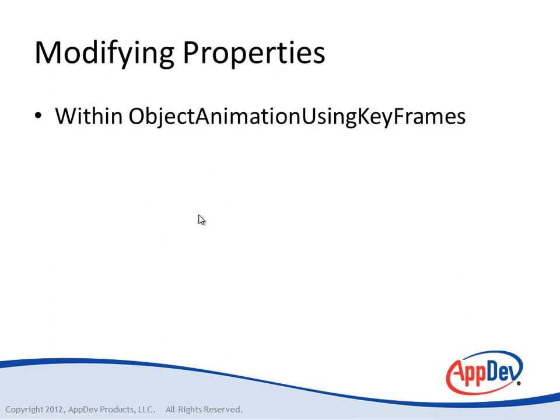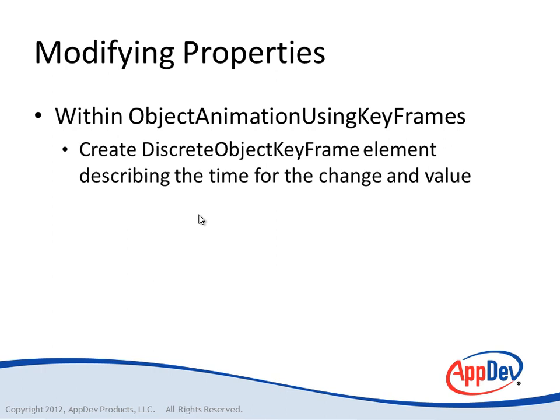Within the object animation using keyframes element, create a discrete object keyframe element describing the time for the change and its new value. Generally, the time will be set to 0. That's why I said we aren't doing animation. With the key time set to 0, the changes occur automatically, instantly. The value you should specify indicates the new property value for the property you already specified.